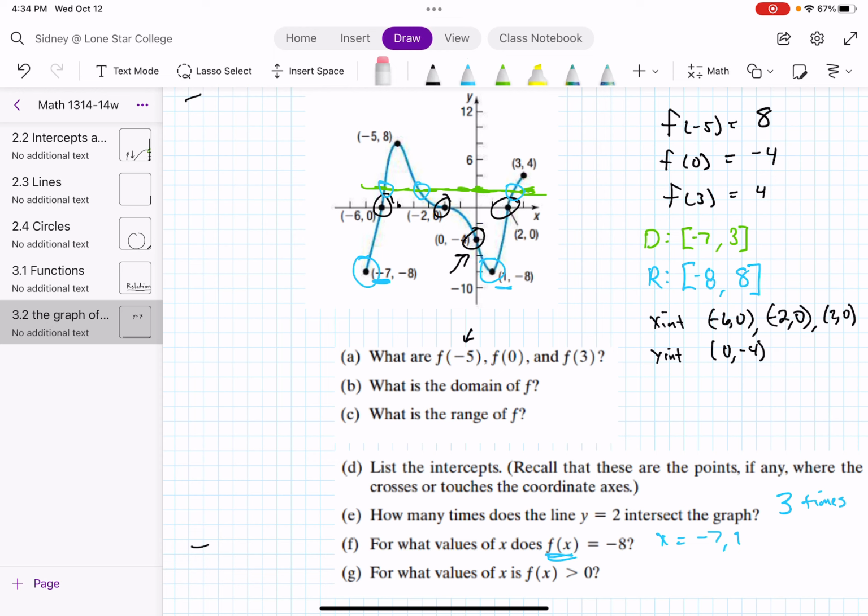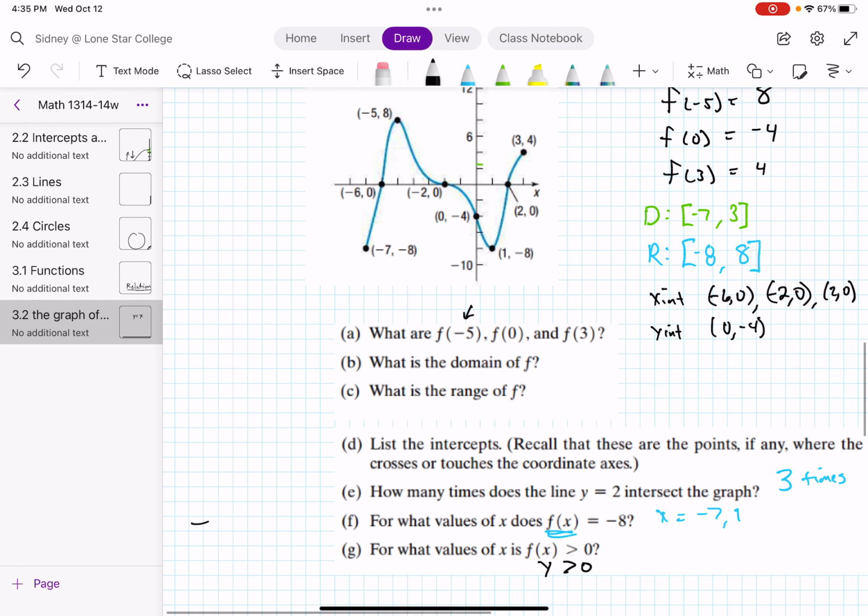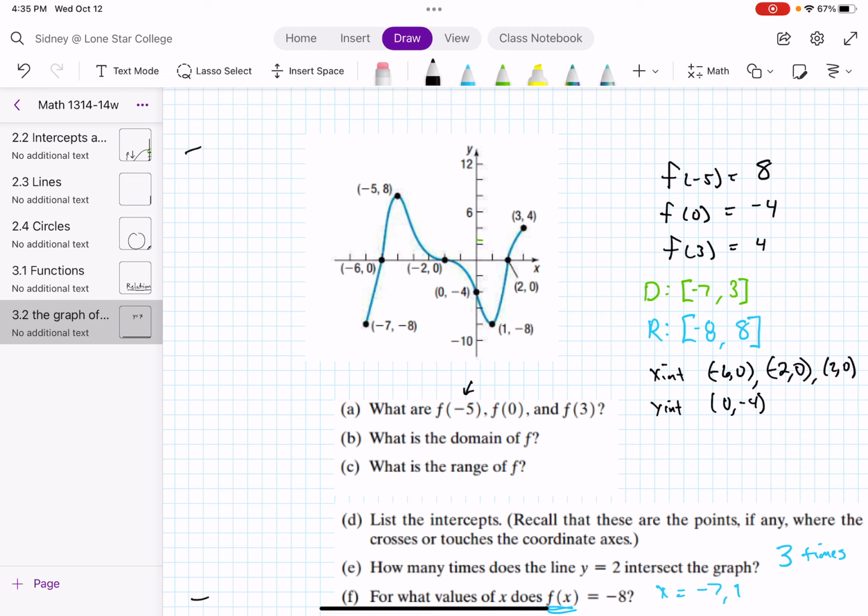Lastly, let me erase all this one last time. Lastly, for what values of x is f of x greater than 0? Now what this means is, it says f of x greater than 0. This means when the y value is greater than 0. On a graph, a y value being greater than 0.